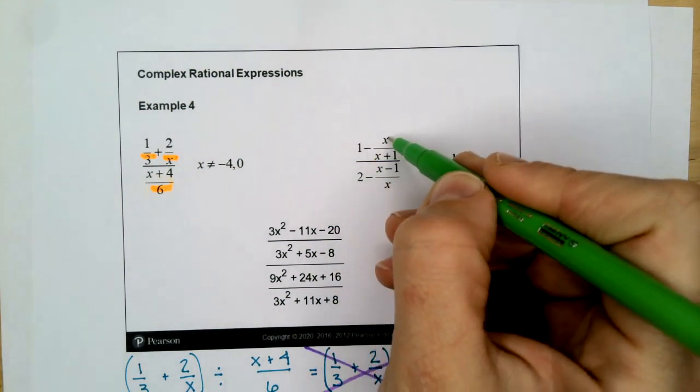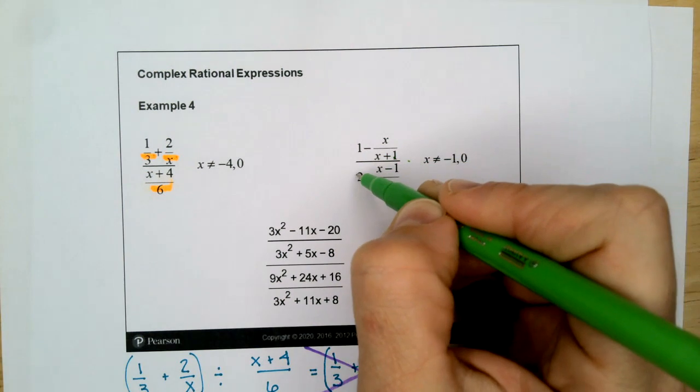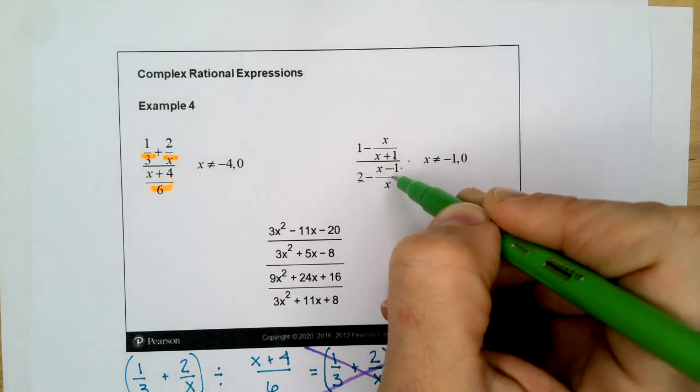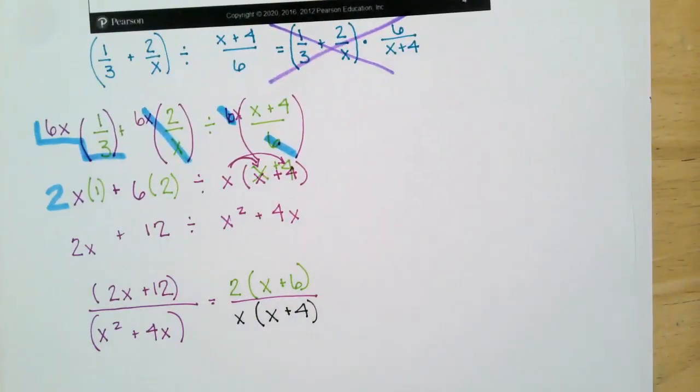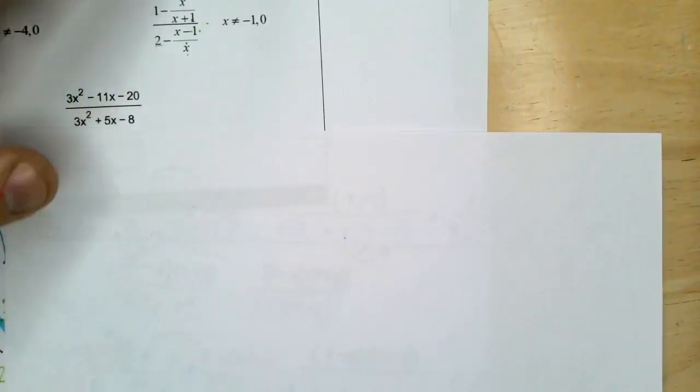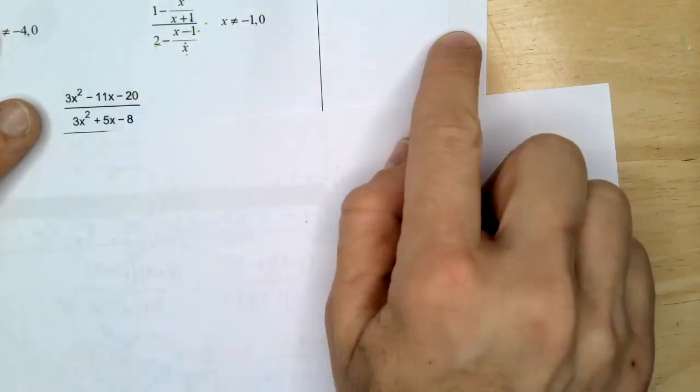Here we have 1 minus x divided by x plus 1, over, or divided by, 2 minus x minus 1 divided by x. Again, I prefer to write them horizontally.